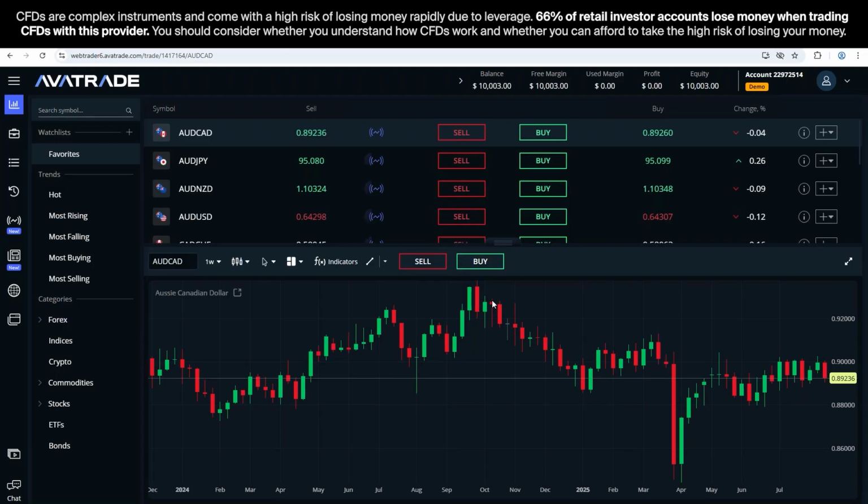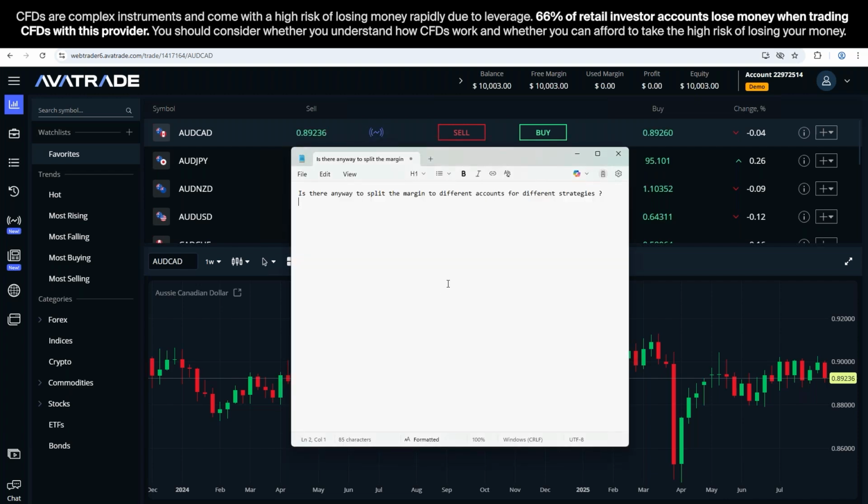To access the web trader, all we have to do is log in with your email and password. You do not need to install or download anything. You need to click on web trader or web trading and you're supposed to be right here.